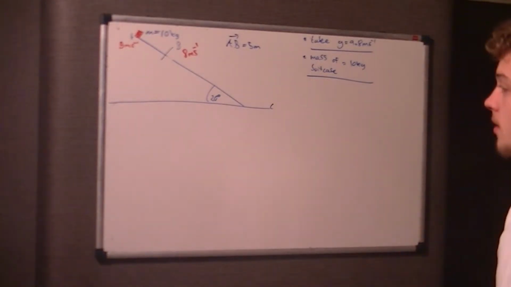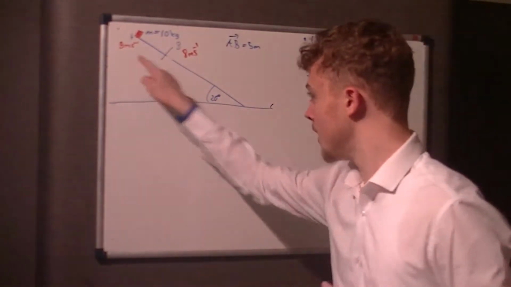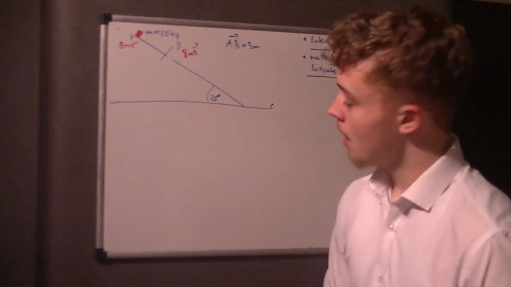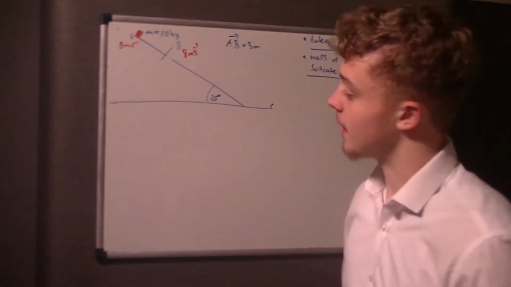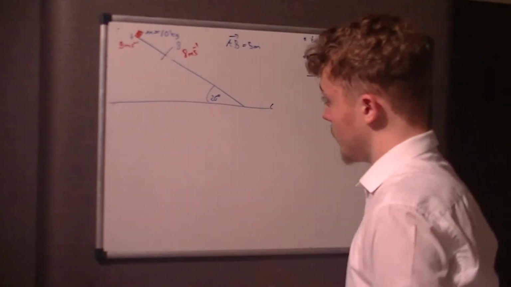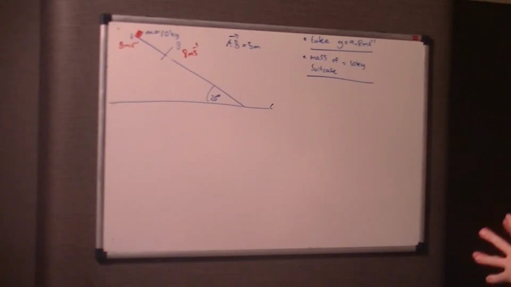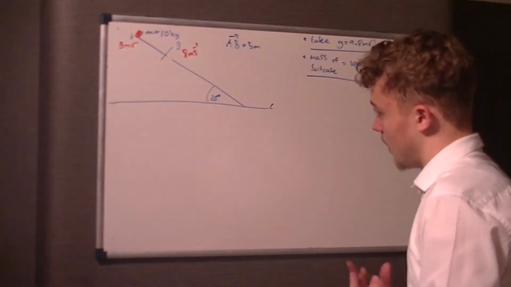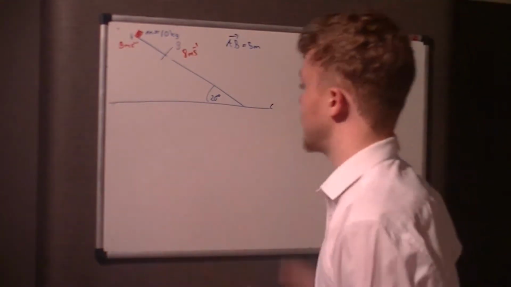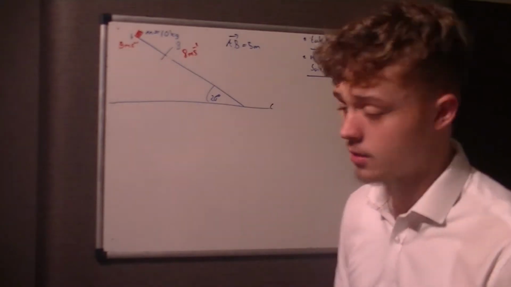Now for this first point, we use these two features here. We're told the initial speed is 10 meters per second at A, and the final speed at B is 8 meters per second. Now we're asked to find the deceleration of the suitcase. I'm not bothered that this is an inclined plane to start with.